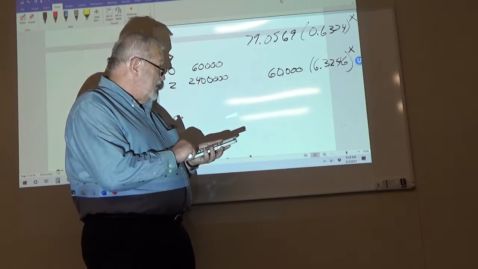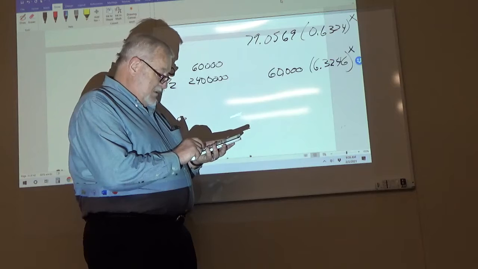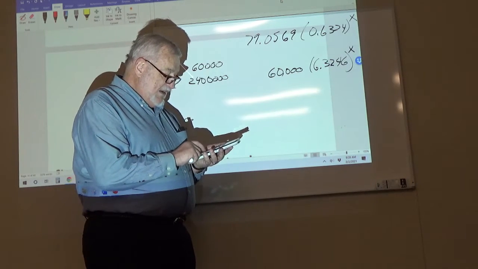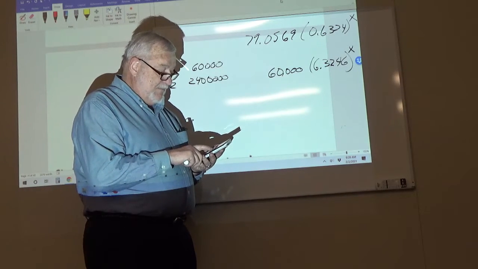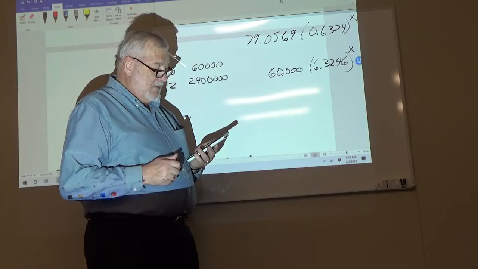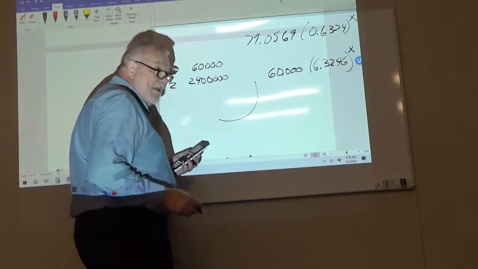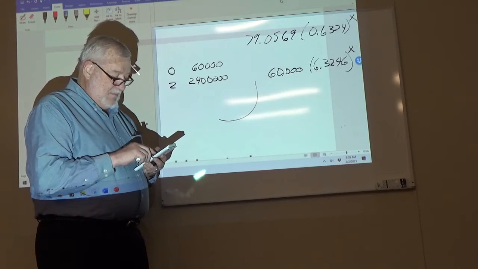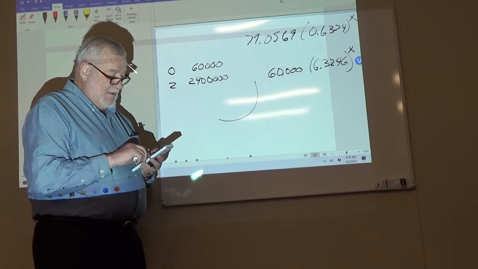So 60,000 times 6.3246, raised to the x power. And my graph looks like that. It will be about 9.62 times 10 to the 7th power.